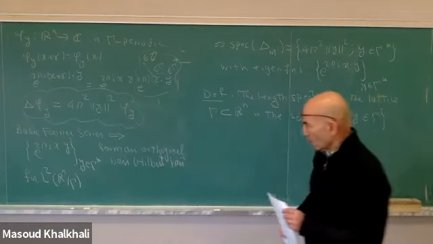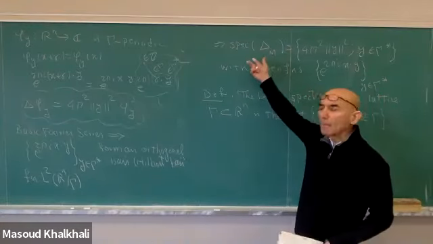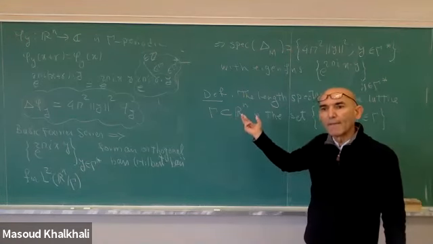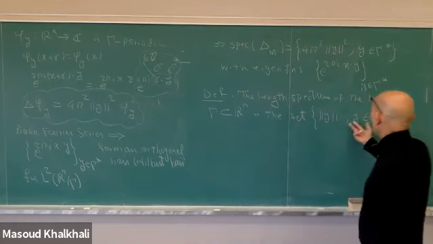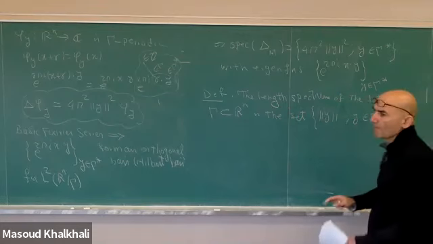So we can forget about the 4 pi squared. Do you mean gamma star, not gamma? Of course it can be for gamma star, but here I'm giving a general definition for any lattice: its length spectrum is the set of these numbers.